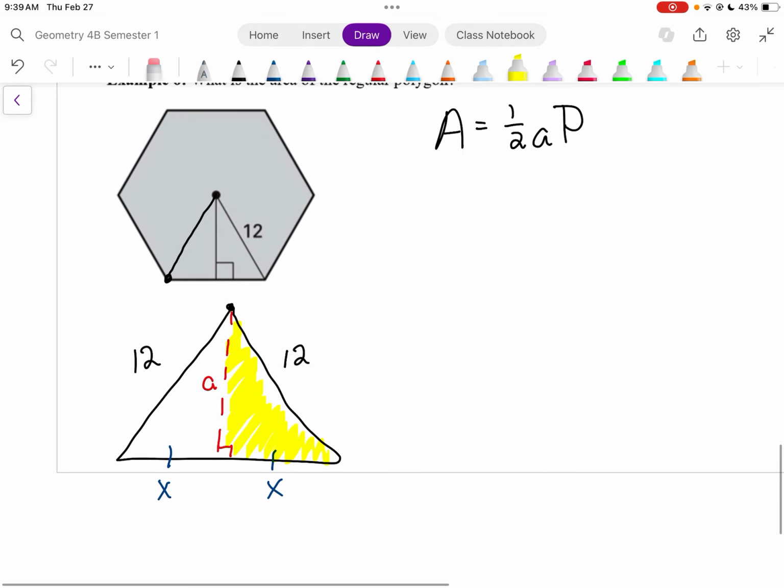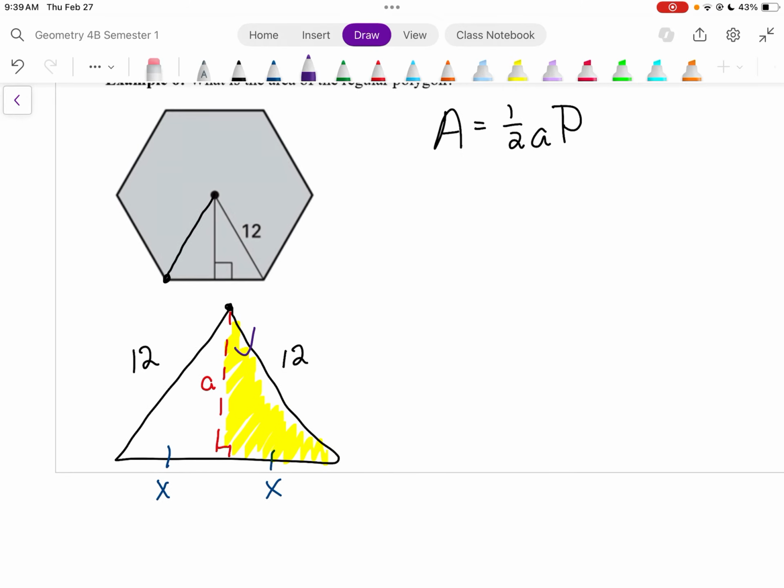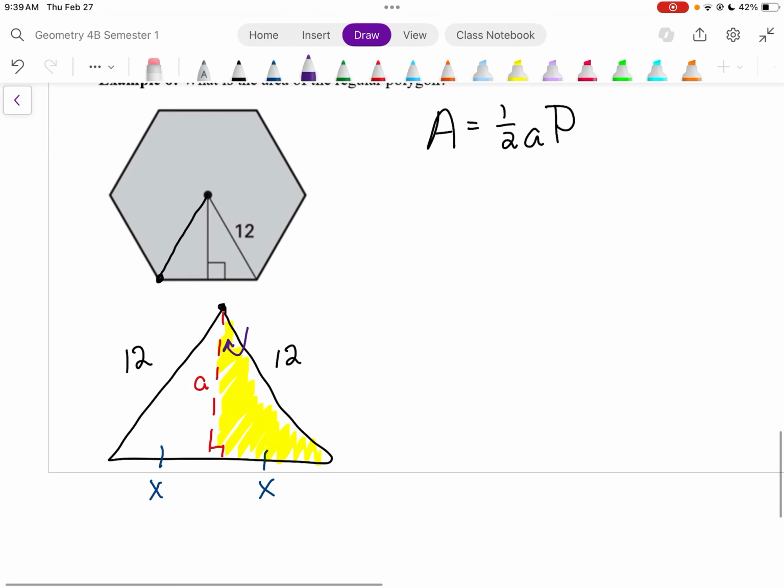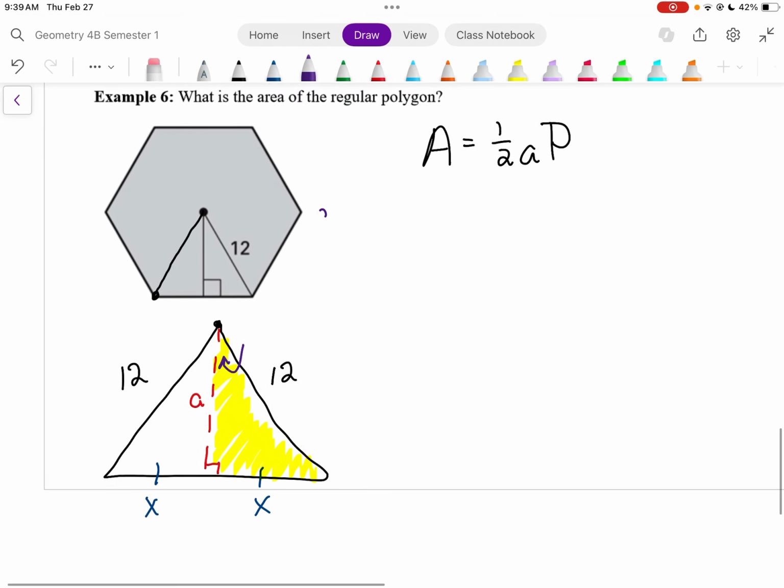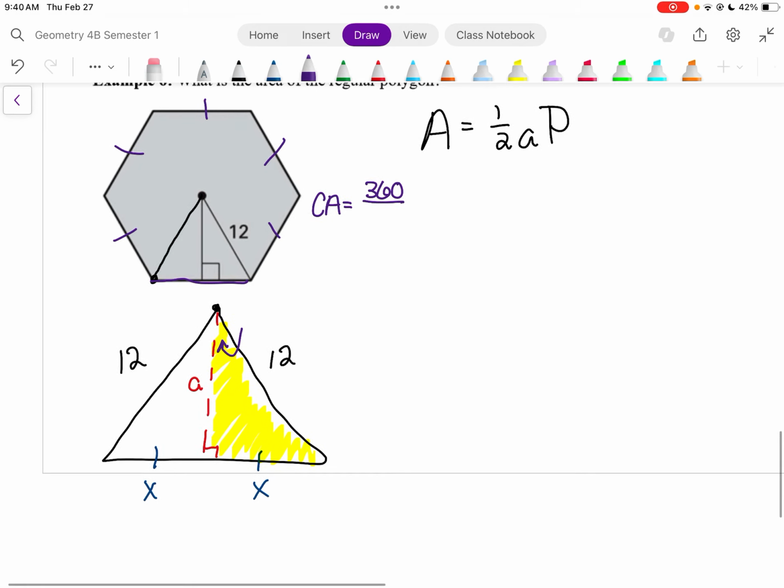Before we can solve for our apothem or X, we have to figure out what this angle measurement is at the top. To do that, we are going to find our central angle first. To get your central angle, you take 360 divided by the number of sides. This one has 1, 2, 3, 4, 5, 6 sides. So 360 divided by 6 tells us that each central angle is 60 degrees.